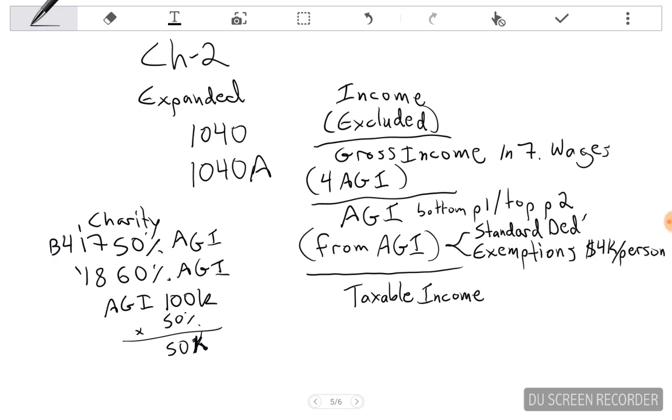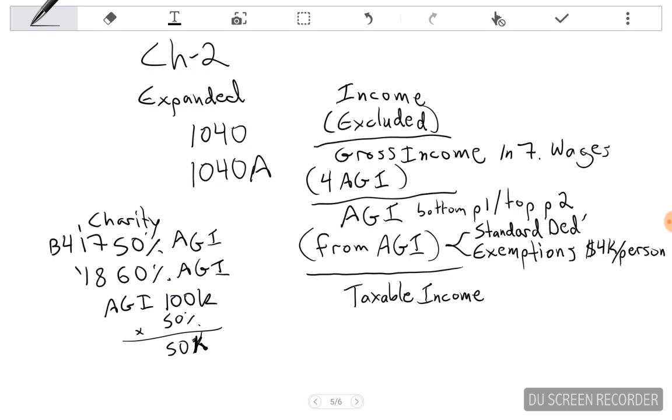If you were by yourself, you'd get about a $4,000 exemption that reduces the amount of your income that gets taxed. And then a standard deduction for a single person would be around $6,000. So in total, just for living and breathing and making money, you have automatic deductions of about 10 grand if you include both the standard deduction and the exemptions.